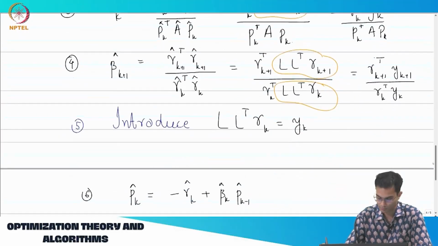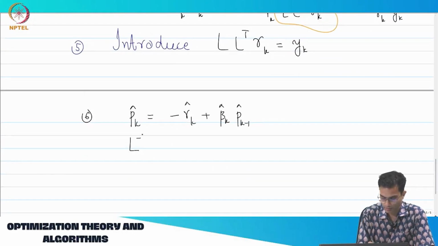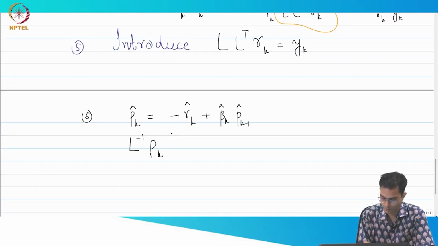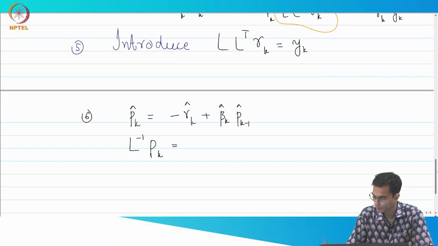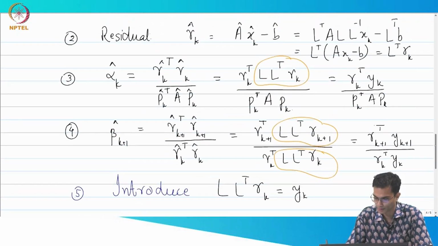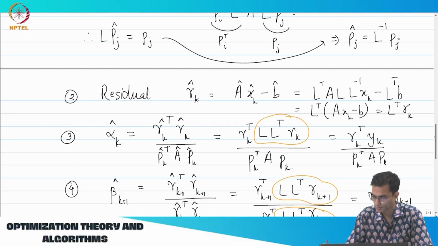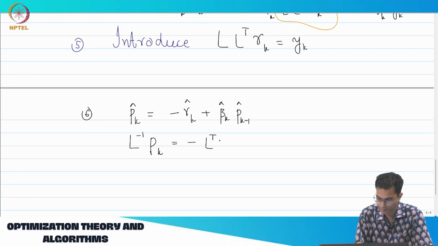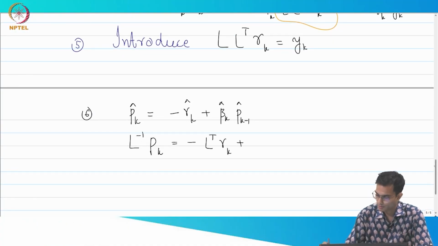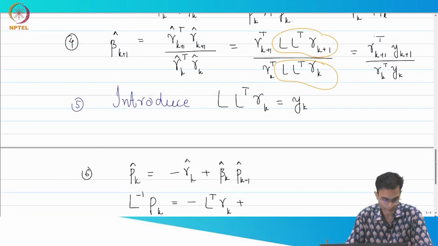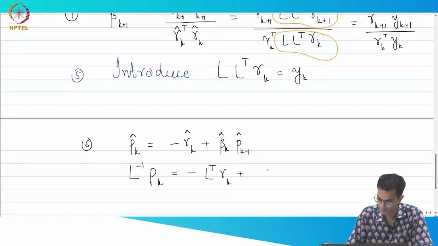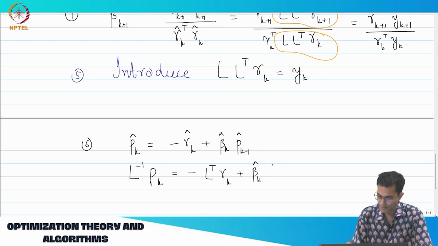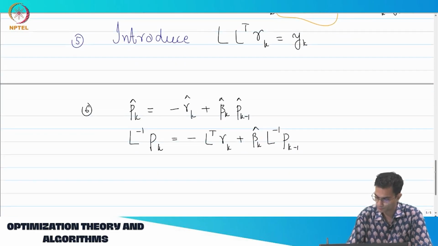L inverse pk. Now rk hat was what? L transpose rk. So this was minus L transpose rk. Beta k hat, let's leave that as beta k hat because I have an expression for it, and pk hat was again L inverse of pk minus 1.